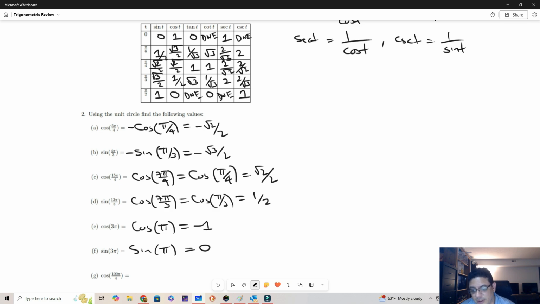Now we have cosine of 100 pi over 4. So 100 pi over 4 can be seen as 25 pi, right?